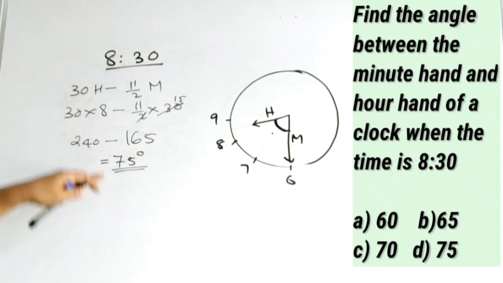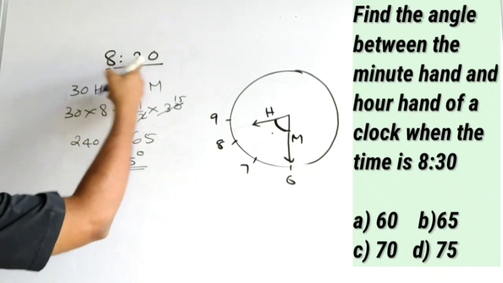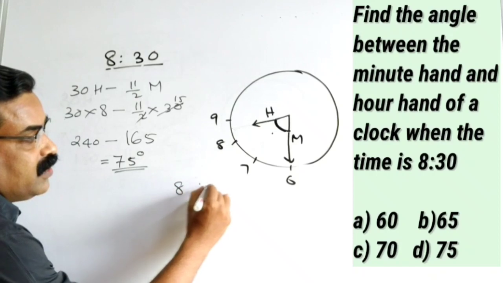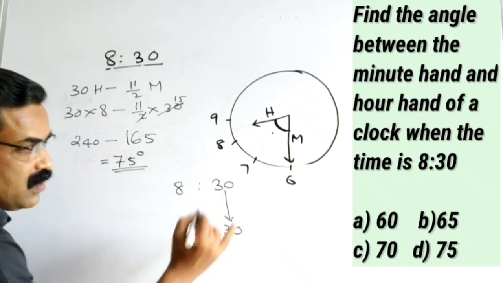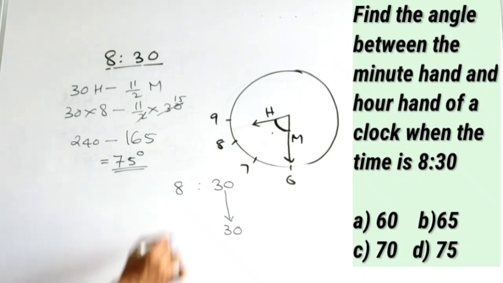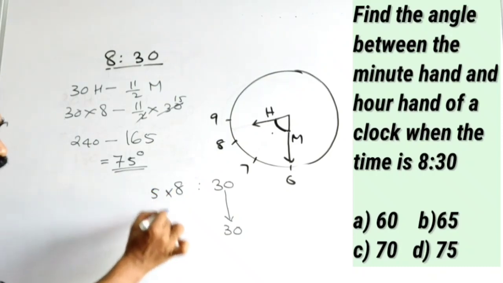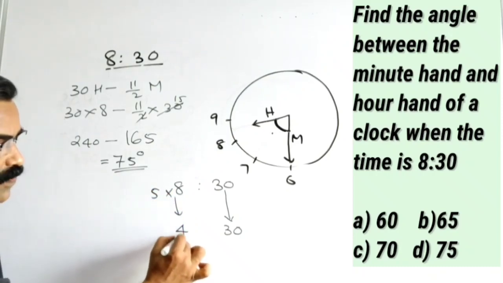By this method we got the answer 75. Let us see whether the answer is correct or not using the second method. What is our second method? 8:30 is the time. So we will write this 30 as it is. 30 is 30 only. This 8 we will multiply by 5. We get 40.